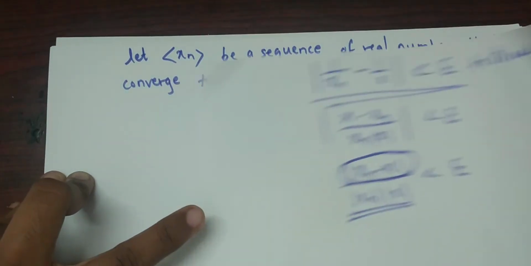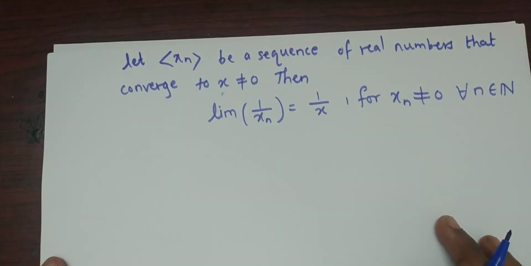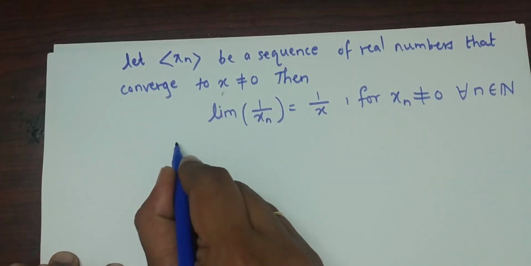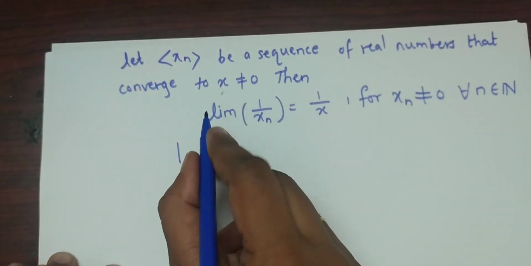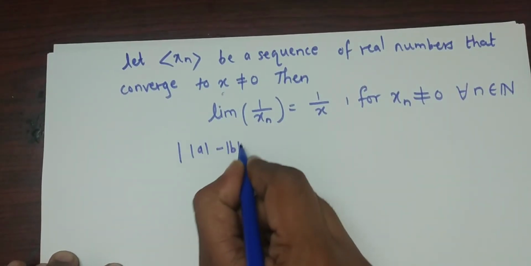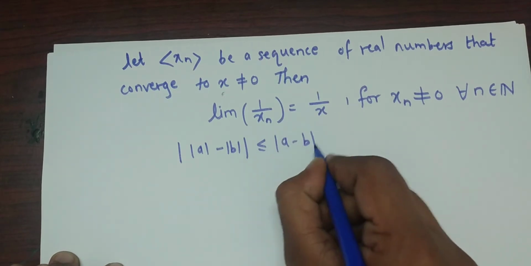Okay, so let's see the proof. For this proof we have to use two inequalities. The first inequality is mod of mod a minus mod b is less than or equal to mod a minus b.